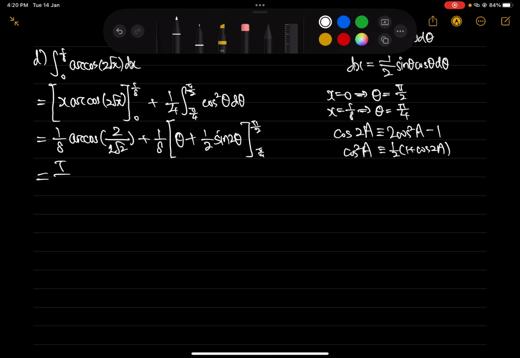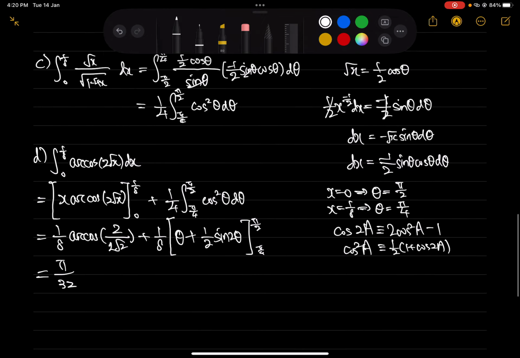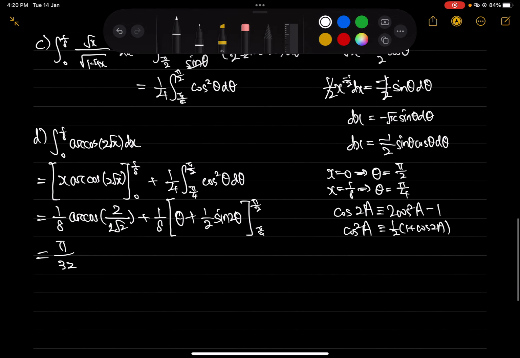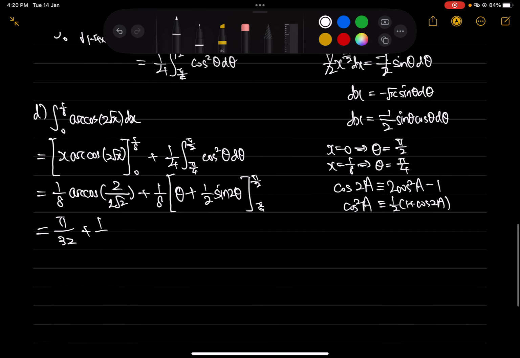So we have pi over 32, excuse me, that was some terrible handwriting. Pi over 32. And right hand side, oh, well, this bit, sorry. So that's just pi over 2 plus sine pi is 0. Plus, so minus pi over 4.